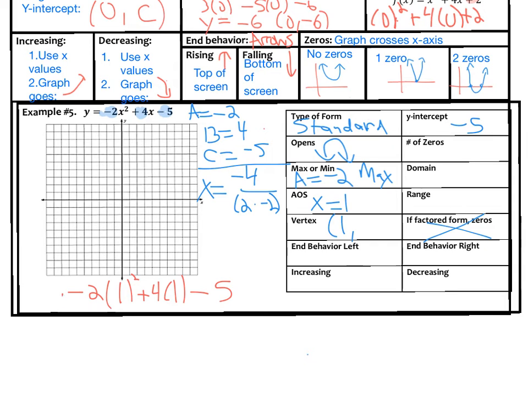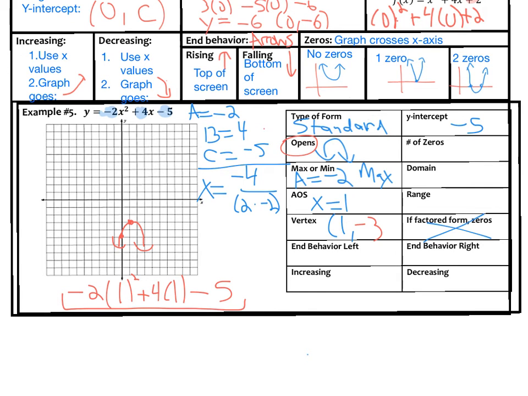Type that all in your calculator, every single part in one line, and you get -3. So I'm going to draw 1, -3. And then we said it's open down, but another way to check it is our y-intercept is at -5. And draw a flipped over u, because that's what you told me there.